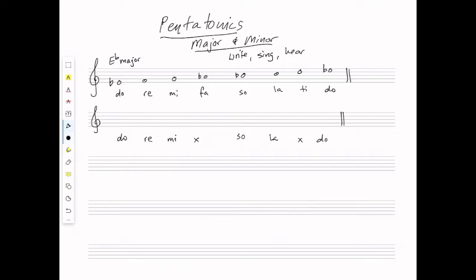Technically, if we don't include the top do, then we have do, re, mi, sol, la. There are our 5 notes. Do, re, mi, skip fa, sol, la, and there's our top do.